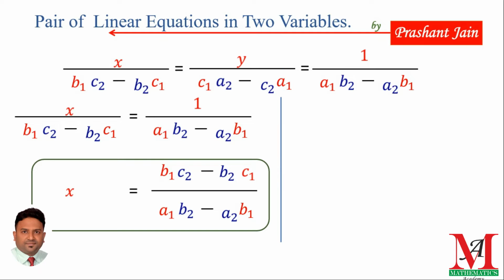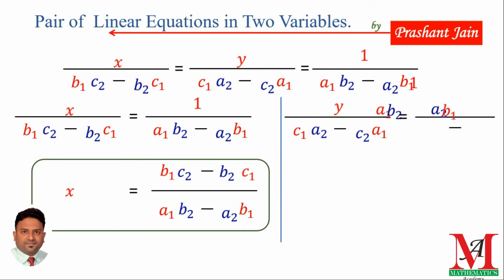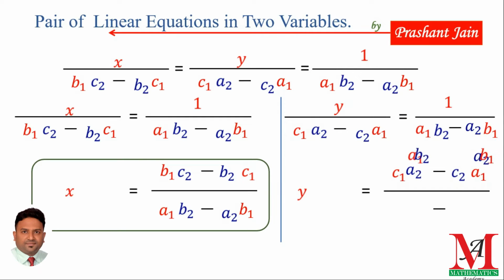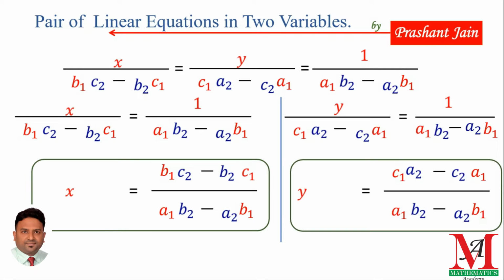For the value of y, we write y as it is with the constant term, repeating the previous step which we did for x, and the denominator as it is, and this is the formula to find the value of y. Either we use this formula directly to find the values of x and y, or we may use the whole method.